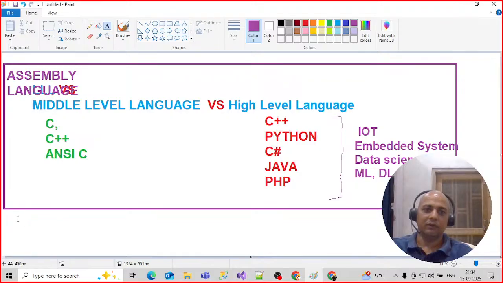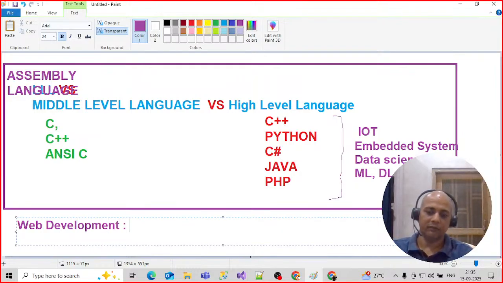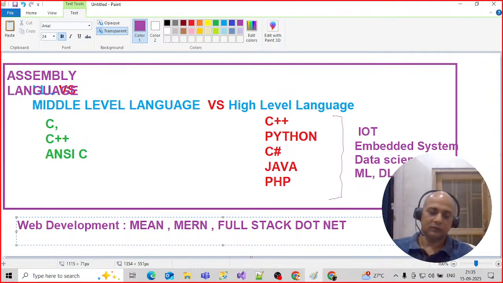in web development we have different stacks of technologies, like the MEAN stack, MERN stack, full stack, .NET, all that. MEAN means MongoDB, Express.js, Angular, and Node.